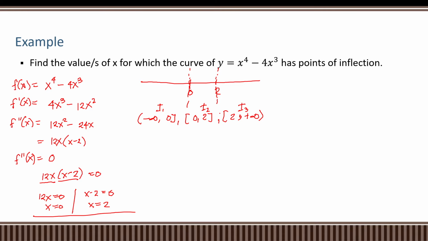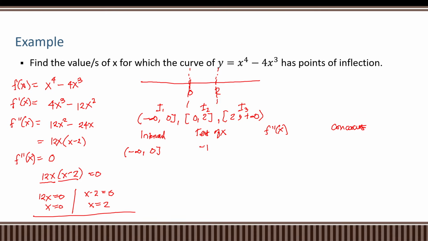So let us have the first interval, the test of x, and the double derivative and concavity. The first is interval 1, from negative infinity to 0. We could test using negative 1.